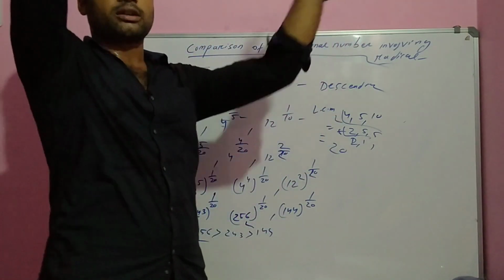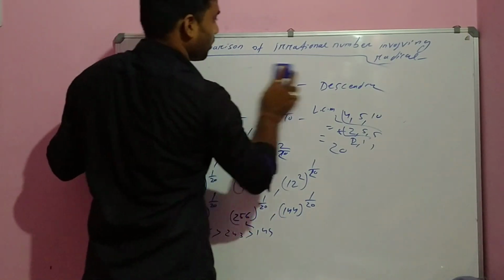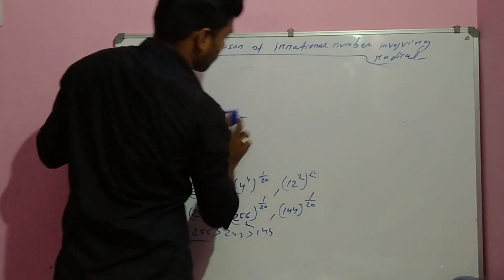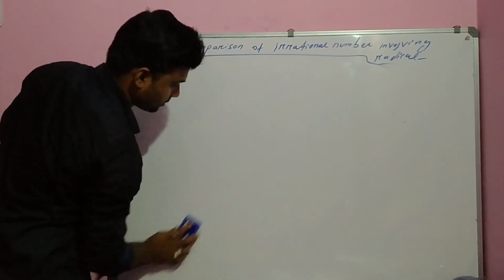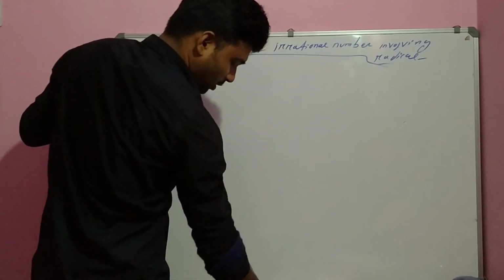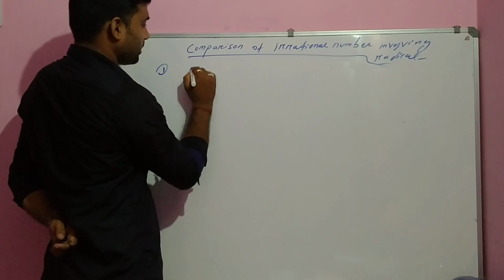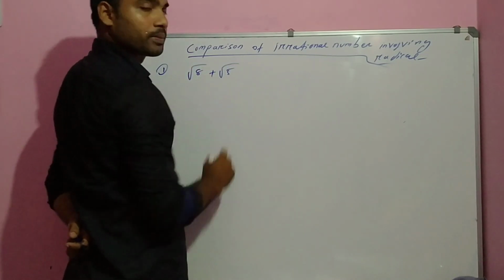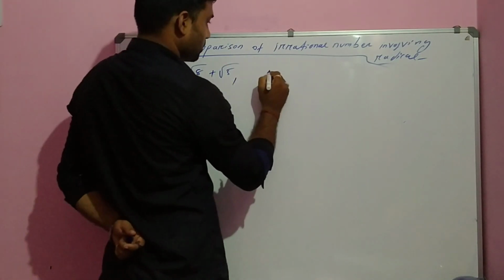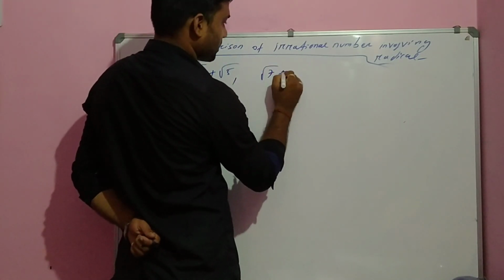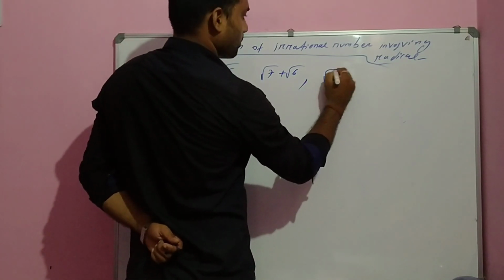Another type of question that comes in the exam is the addition of irrational numbers: comparing sums and differences of irrational numbers. Suppose the question gives root 8 plus root 5, root 6 plus root 7, and root 11 plus root 2.